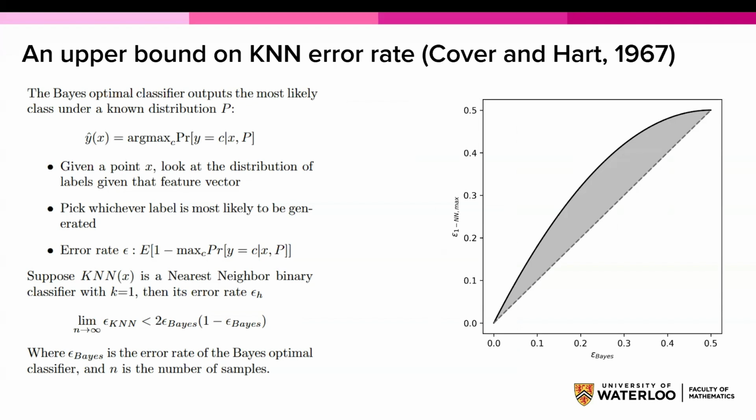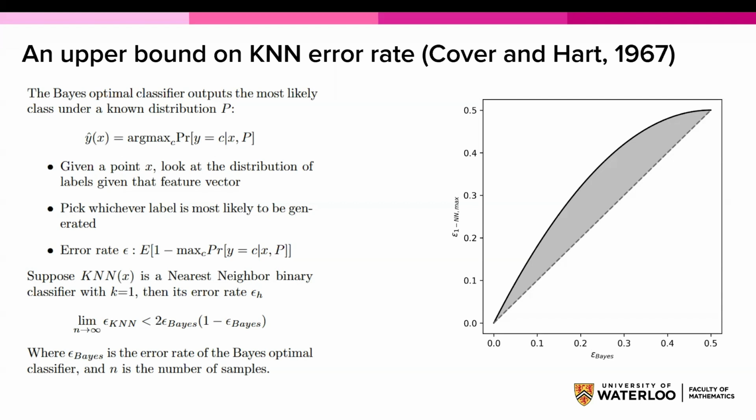Considering its simplicity, why might that be? There are some theoretical guarantees for k-nearest neighbors, and they relate KNN's performance to that of the Bayes optimal classifier, which achieves the theoretical minimum possible error rate.